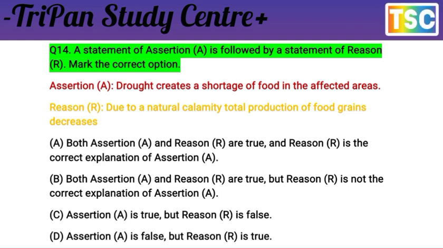And D, assertion is false, but reason is true. Here, drought creates a shortage of food in the affected area, that is correct, and the reason, due to natural calamity total production of food grain decreases, is also correct. It means option A is correct. Both assertion and reason are true, and R is the correct explanation of A. Option A is correct.